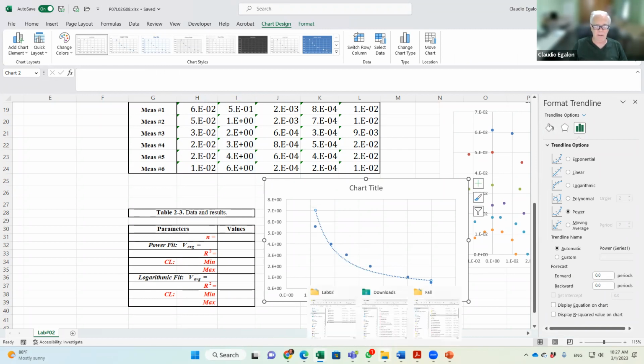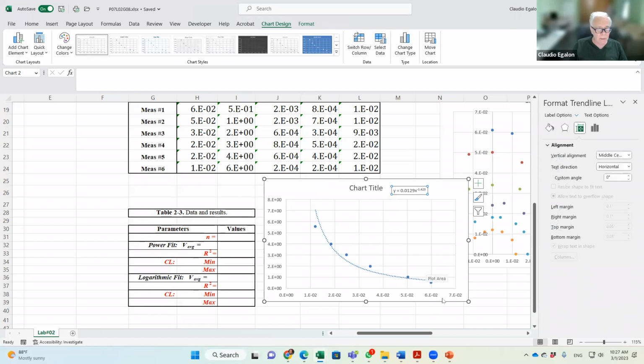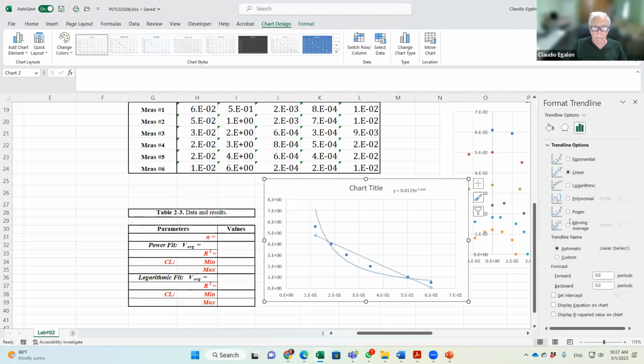You're going to display the equation on the chart, and you're going to display as well the R square. And where did it go? Okay, I'll have to do that again. Add trend line, okay? Power, right? Display the equation and display the R square.